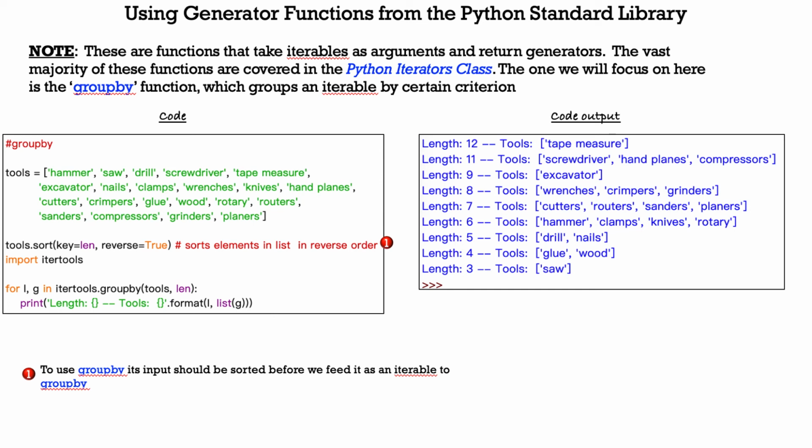And for l, g in itertools.groupby, tools, which now will be our sorted list, comma, len for its length. Then we use some print formatting. Format, we pass l, our iterator, and then list of g, and you see what it prints out. It instantly groups all of these different names of tools by their length in reverse order, 12 through the smallest, which would be 3.